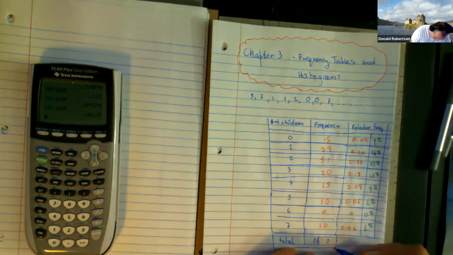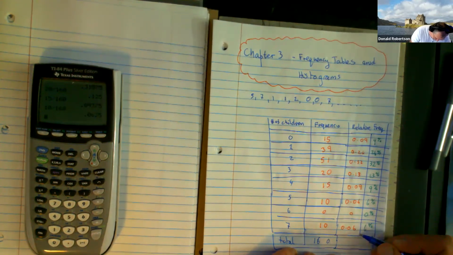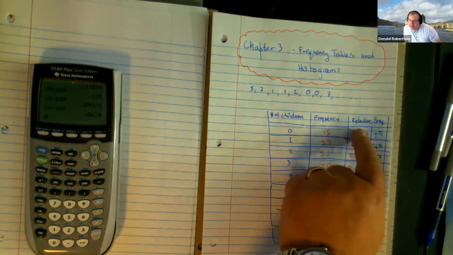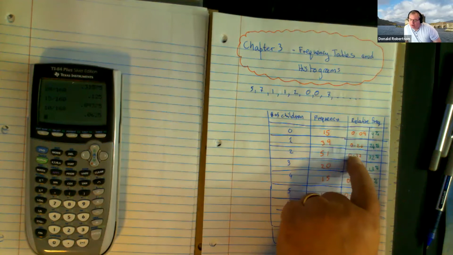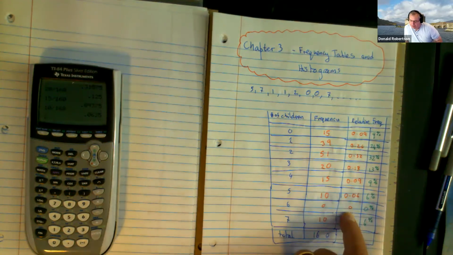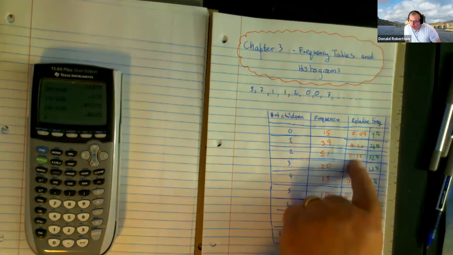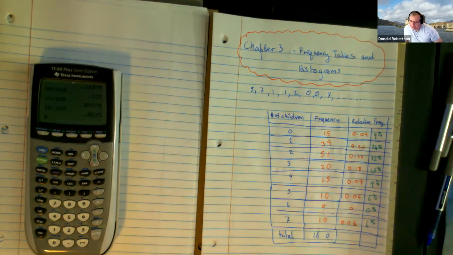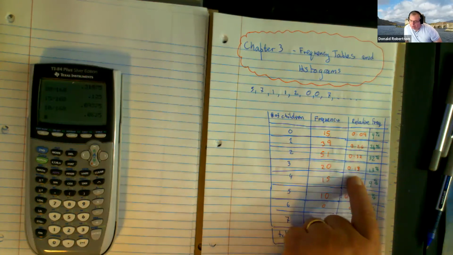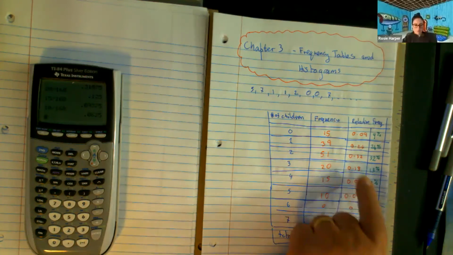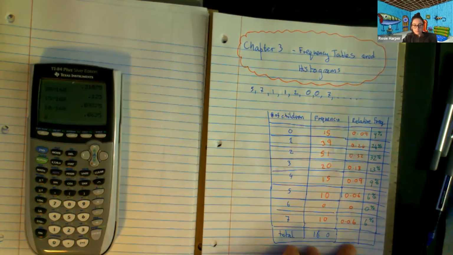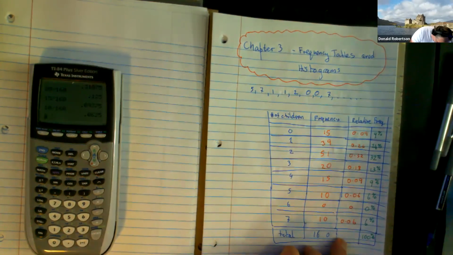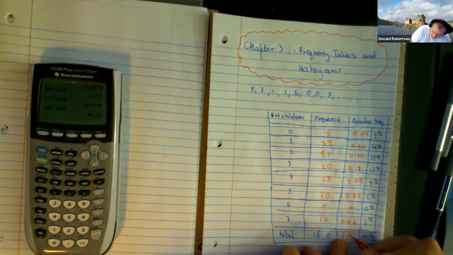Now, suppose you were doing a calculation as I just did by hand. What would you expect to get if you add up all these relative frequencies in decimals? What total would you expect to get? 100% on the percentages, and on the decimal side, wouldn't you expect 1.00?